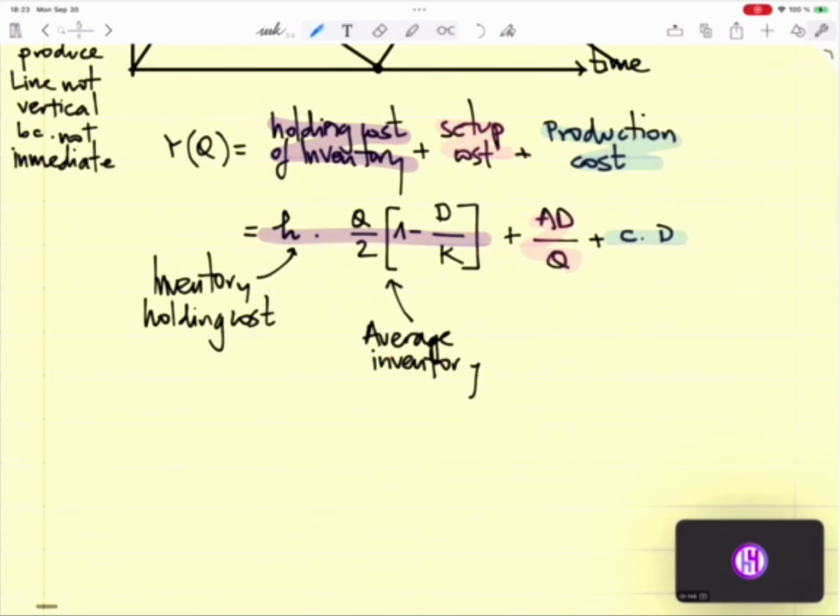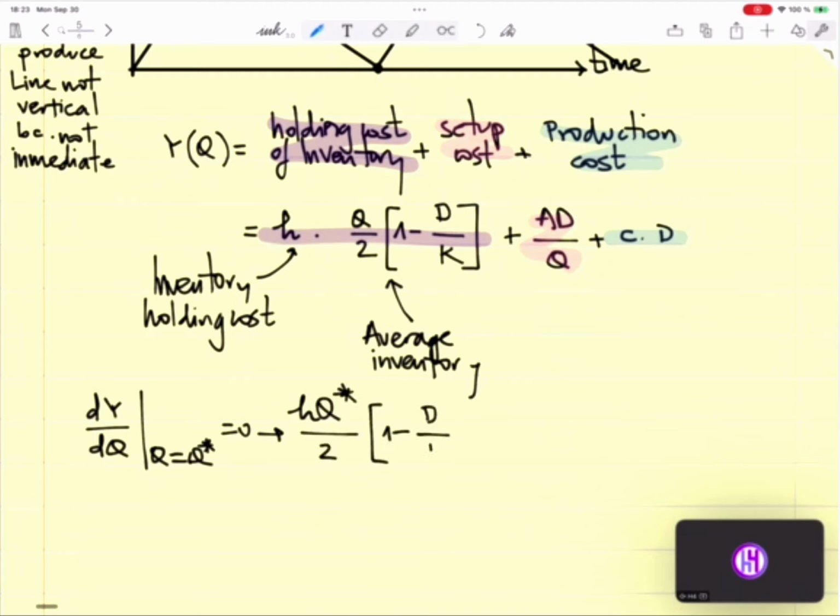So we want to find the minimum. The derivative with respect to Q star equals 0. So what we get is H Q star divided by 2, 1 minus D divided by K, plus, or I guess minus, AD divided by Q star square equals 0.